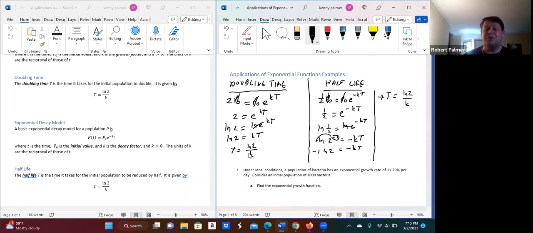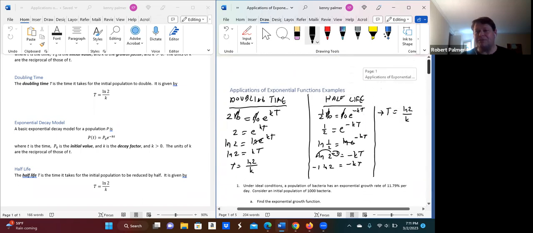So in the same time, you get a doubling of the initial amount here or a halving of the initial amount here. Your t, your time for either your doubling time or half-life, would be exactly the same.